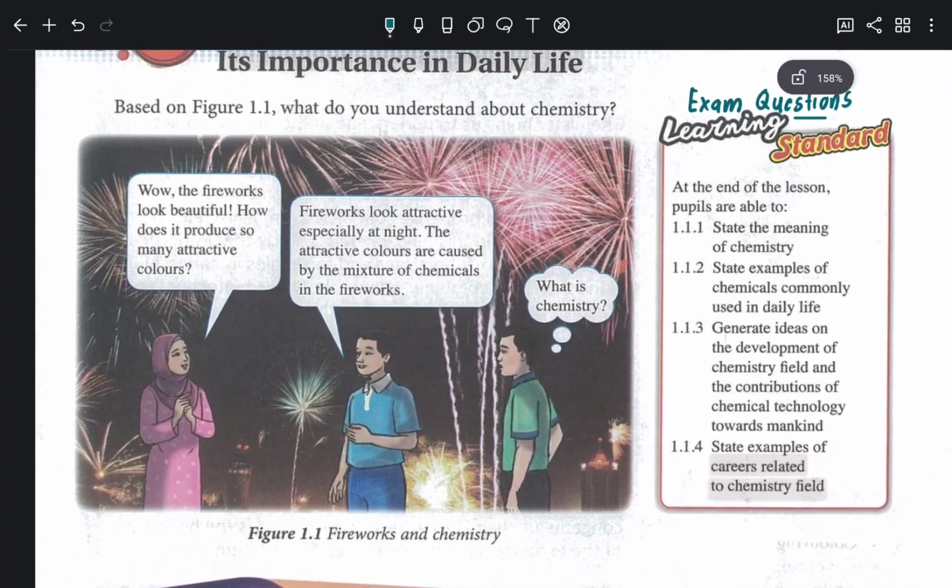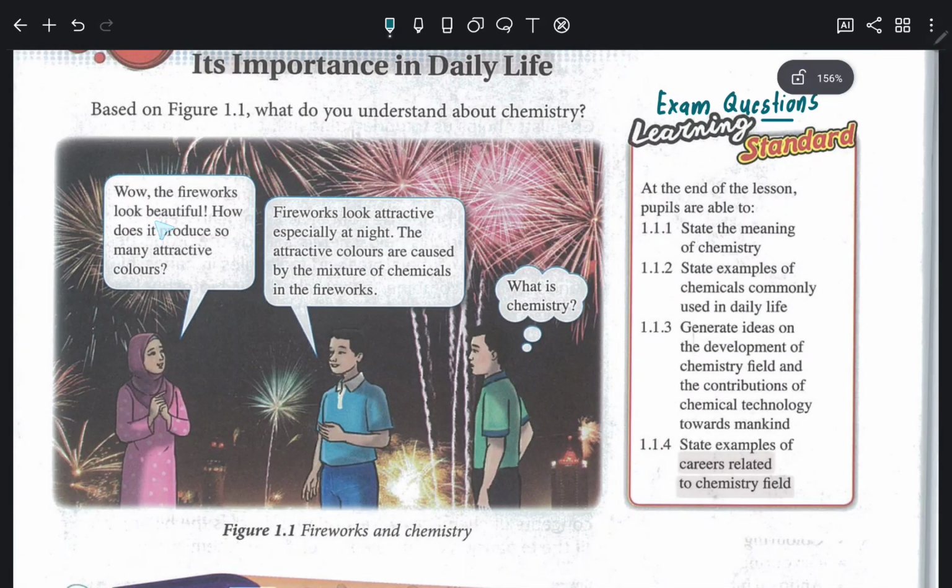Clear? Okay, so 1.1, fireworks look beautiful, produce many attractive colors. So you can say the attractive colors are caused by the mixture of chemicals in the fireworks, meaning that your fireworks is generally a colorless thing. So they will add a lot of chemical substances which have the capability to produce color.